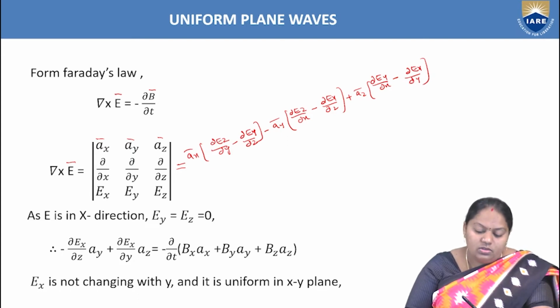As we assumed initially, the electric field is in the x direction and the magnetic field is in the y direction. So, now we are analyzing the electric field equation.